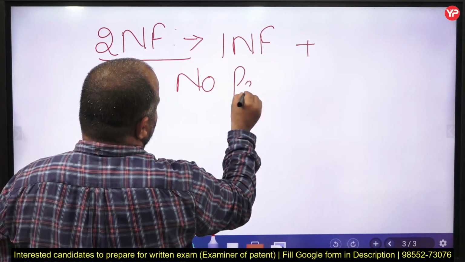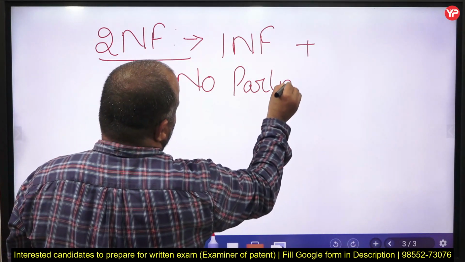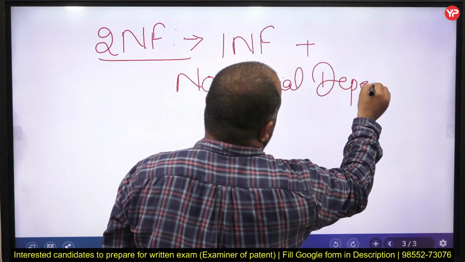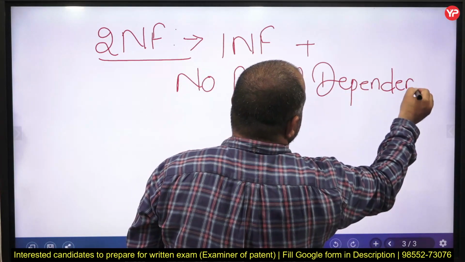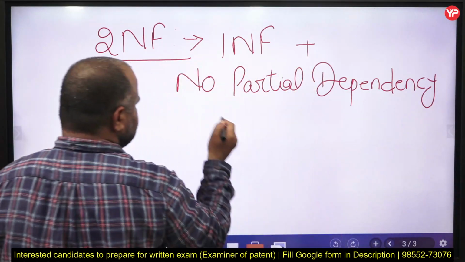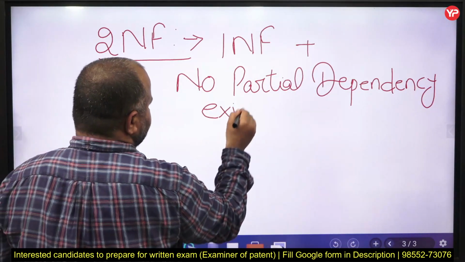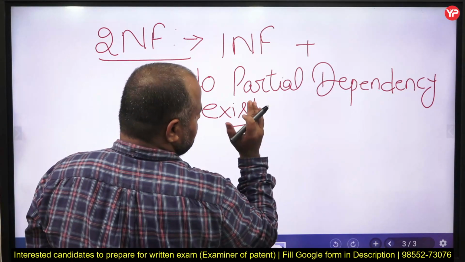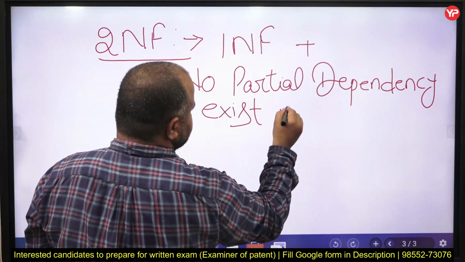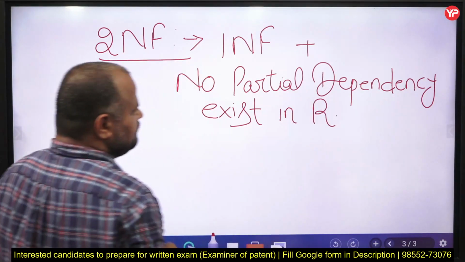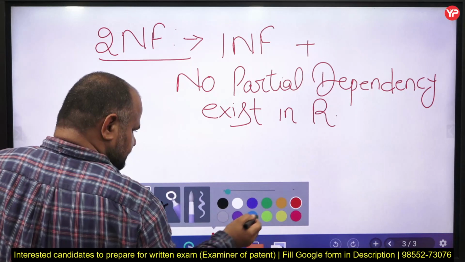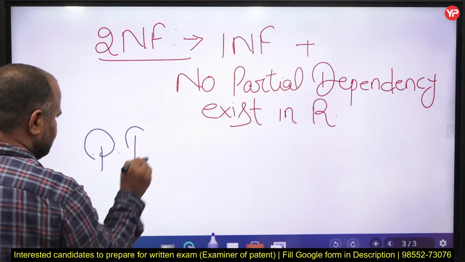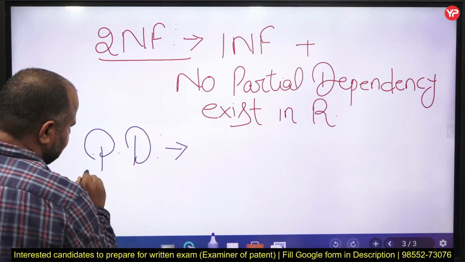No partial dependency exists in relation R. Now my task is to define what is partial dependency. So let us talk about the term partial dependency, which I am writing as PD. What do you mean by partial dependency?